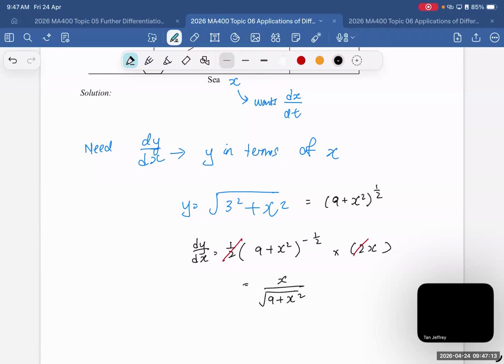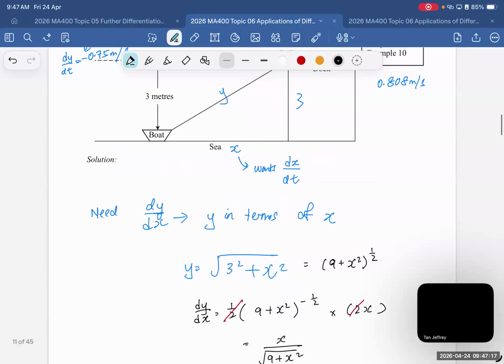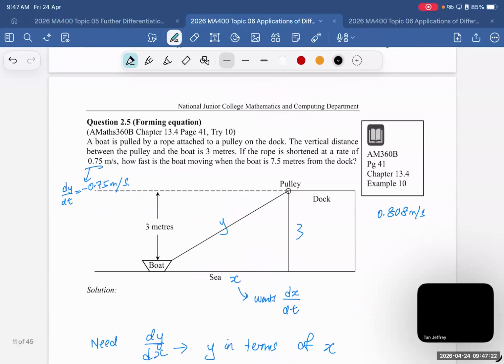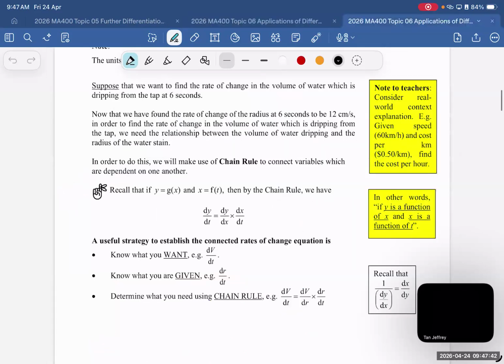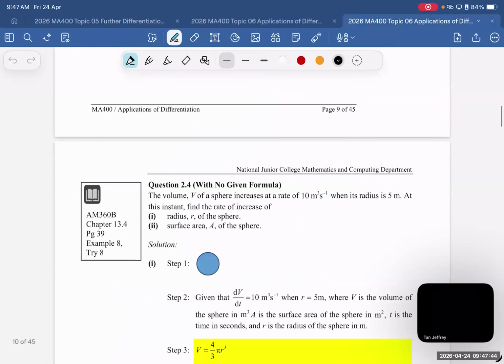Speed, okay, we are not talking about speed here. Oh, wait. Oh, okay, so we are talking about the distance, right? dx/dt itself is negative. But when I write out the statement, I will say it's moving towards the dot at 0.808 meter per second. It cannot be negative, but if you're talking about velocity, it can be.